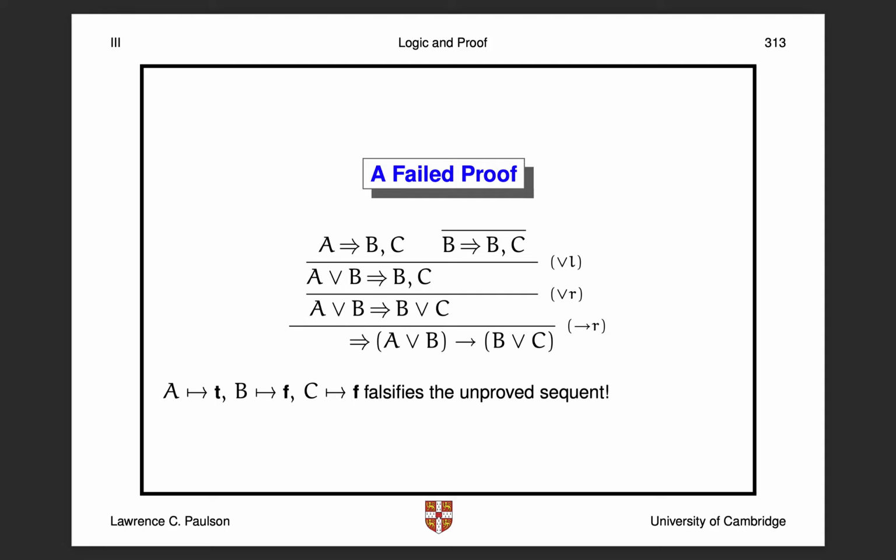We can indeed check that the same thing happens with the original formula. So here is a different way of determining that this particular formula, A or B implies B or C, is not a tautology.